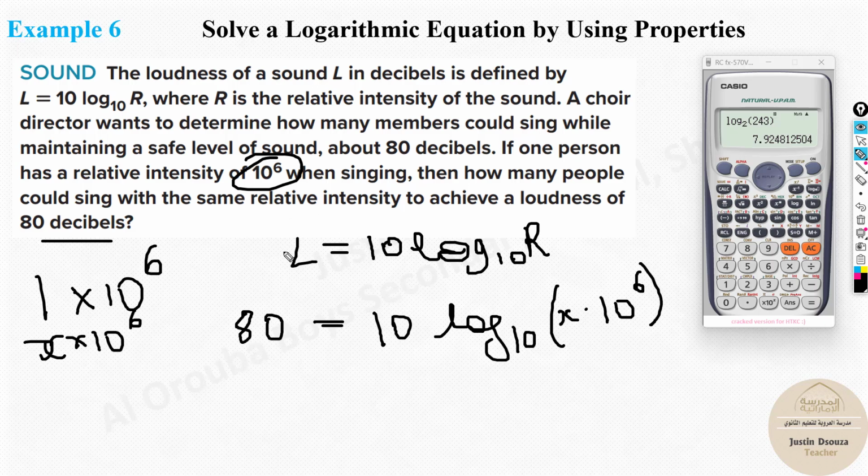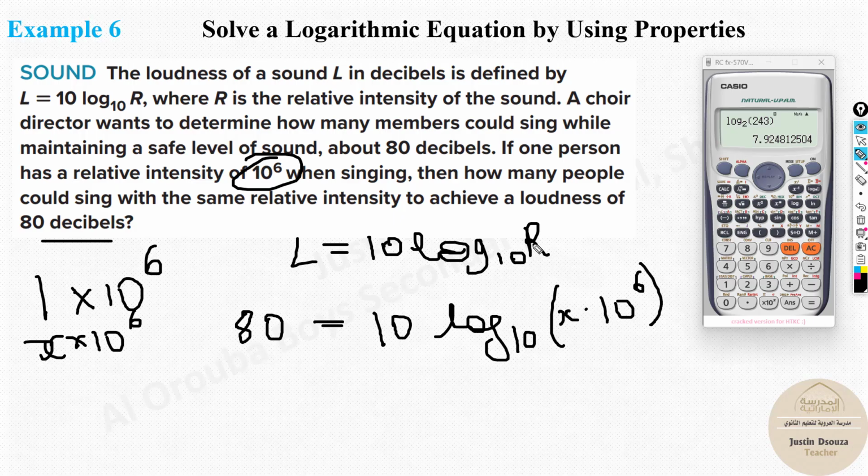L is the loudness of the sound. You can't have too loud a sound. It's not good for ears, and at any place you can't exceed a certain loudness. So there is a safe level of sound, that is 80 decibels, and that is the maximum sound that the choir can achieve.